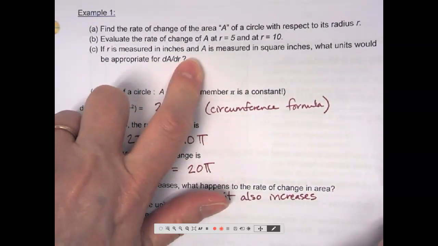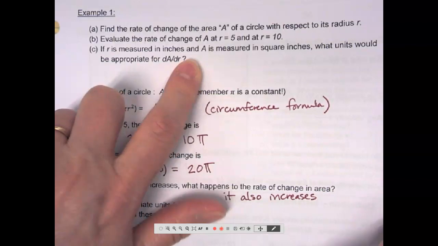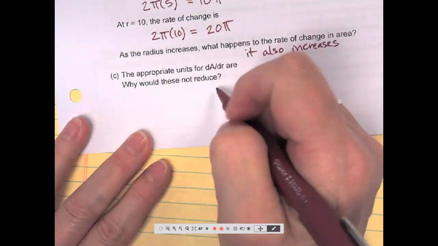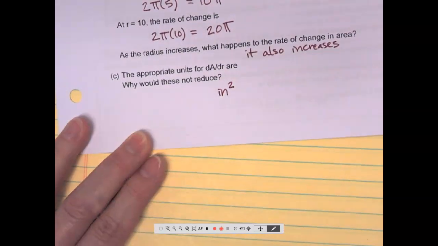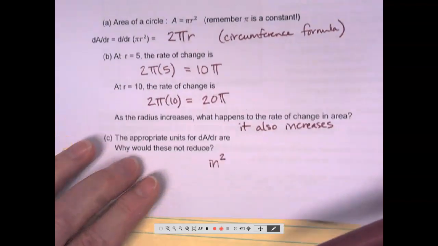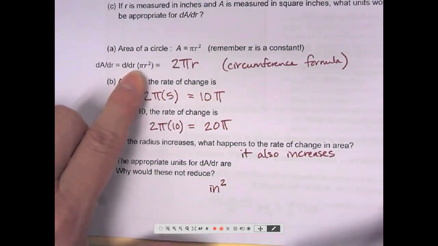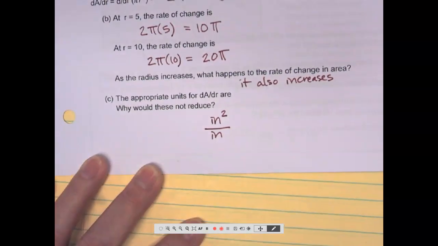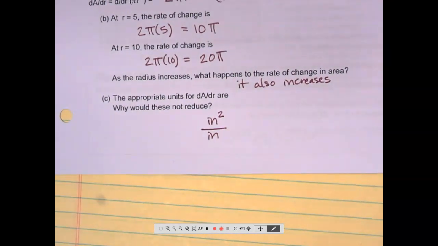If this circle's radius is in inches, what units would area be in? Inches squared, or square inches. But then over radius, and the radius is in inches. So square inches per inch.